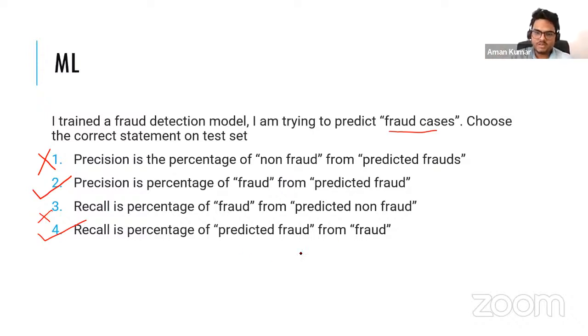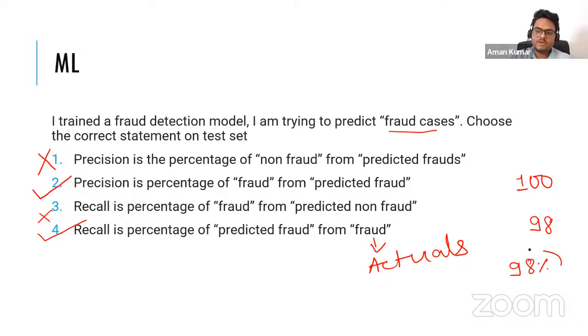So fraud is your actuals. Let's say in actuals there are 100 frauds. Your model is able to predict only 98 of that as fraud. So your recall becomes 98%. Am I wrong here? This is my understanding.